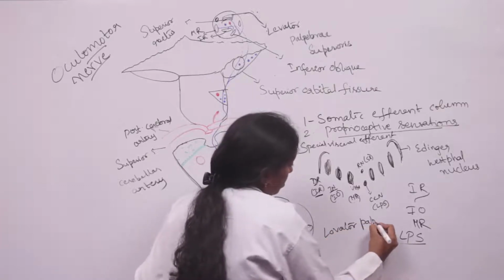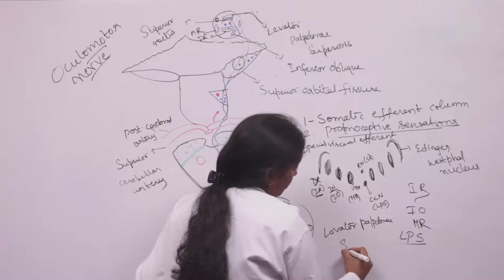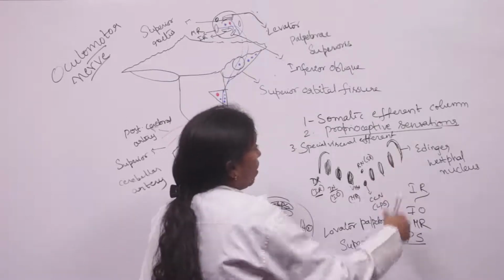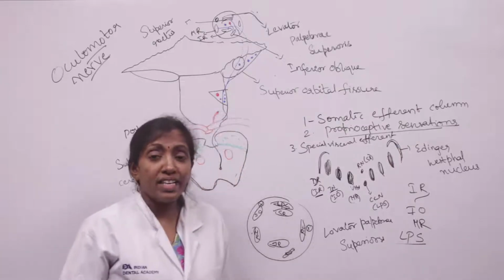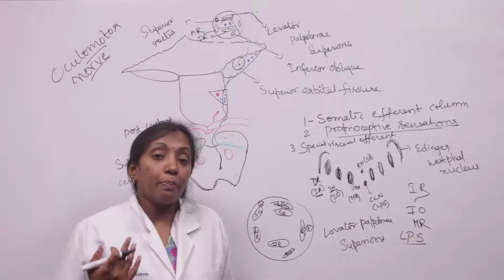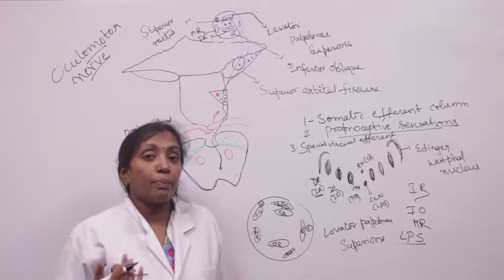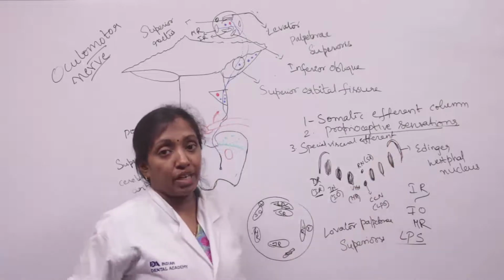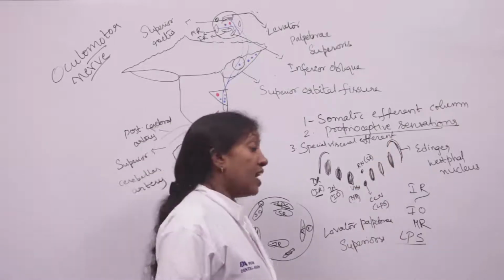And also we have the Edinger-Westphal nucleus, which conveys preganglionic parasympathetic fibers, and these preganglionic parasympathetic fibers relay in the ciliary ganglion.